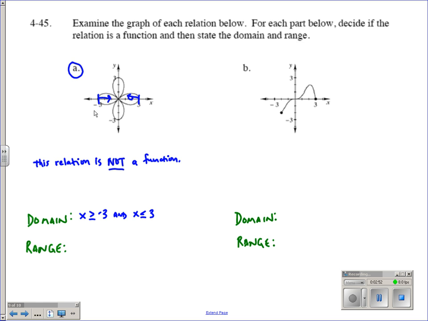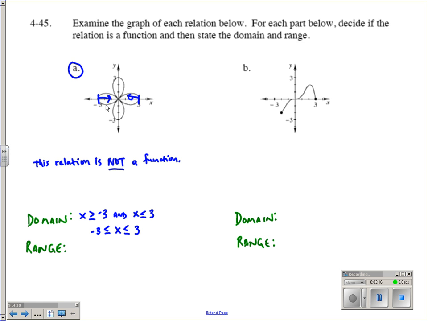On our left side we have -3. I'm just more or less taking this and flipping it around. So I have -3 is less than or equal to x, and x is also less than or equal to 3. So either one of these would be perfectly acceptable for your domain.